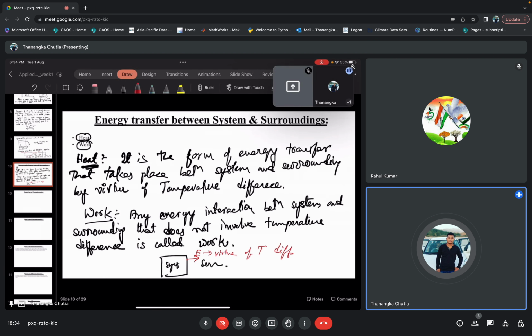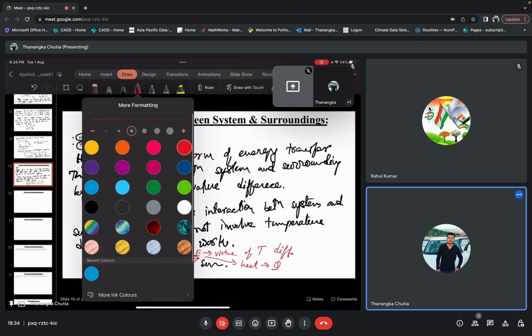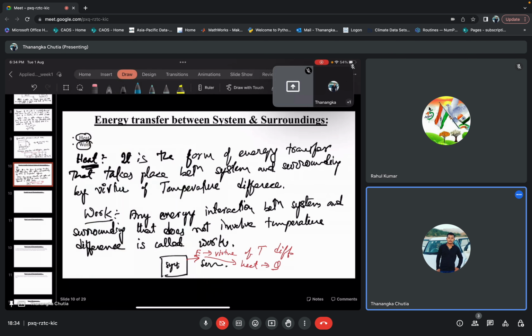Then this energy E will be called my heat, which is also called Q. Now there can be another energy transfer E2, which takes place not by temperature difference. In that case, this energy is called my work, represented as W.